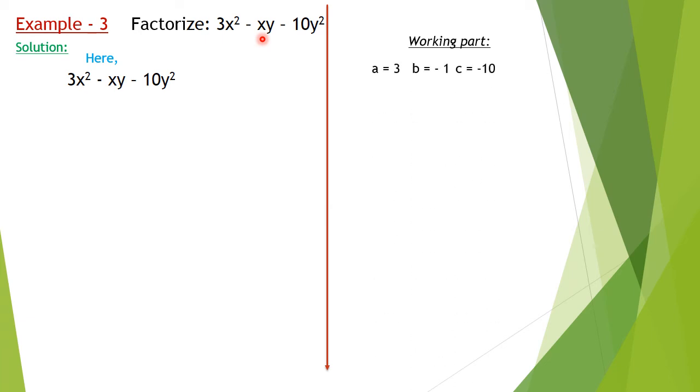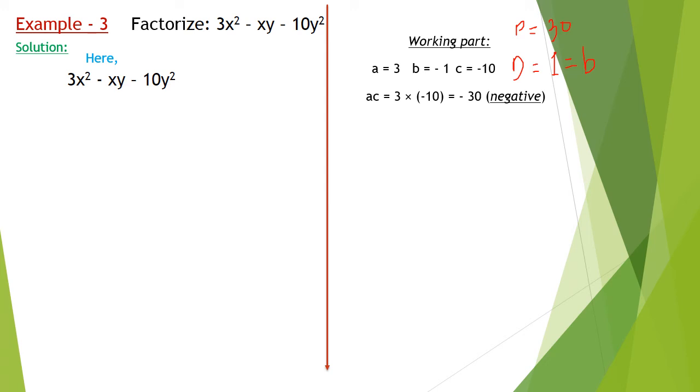Now let's find the product of AC, that is negative. So what we have to do is find two numbers whose product P is 30, and P always takes a positive sign, and whose difference D is 1. B is minus 1 but D takes the positive value only.